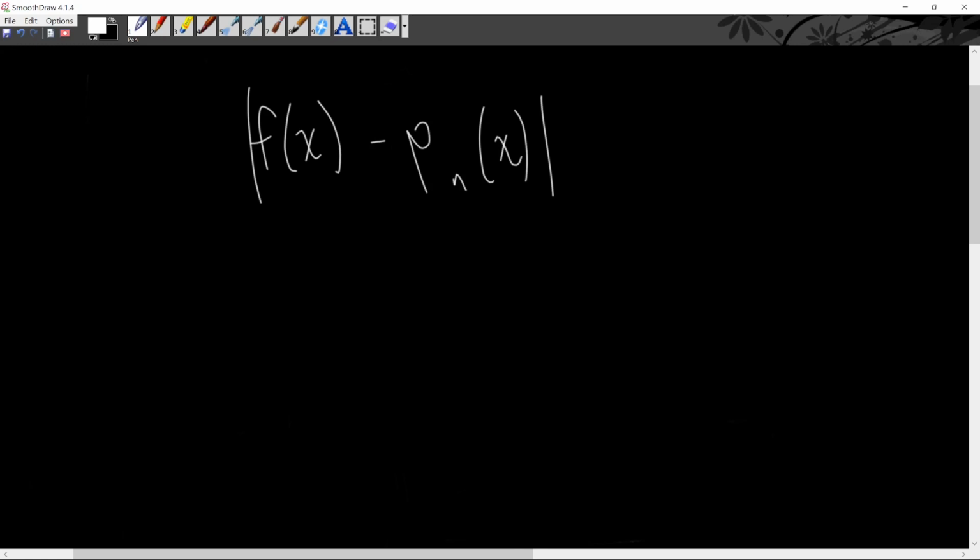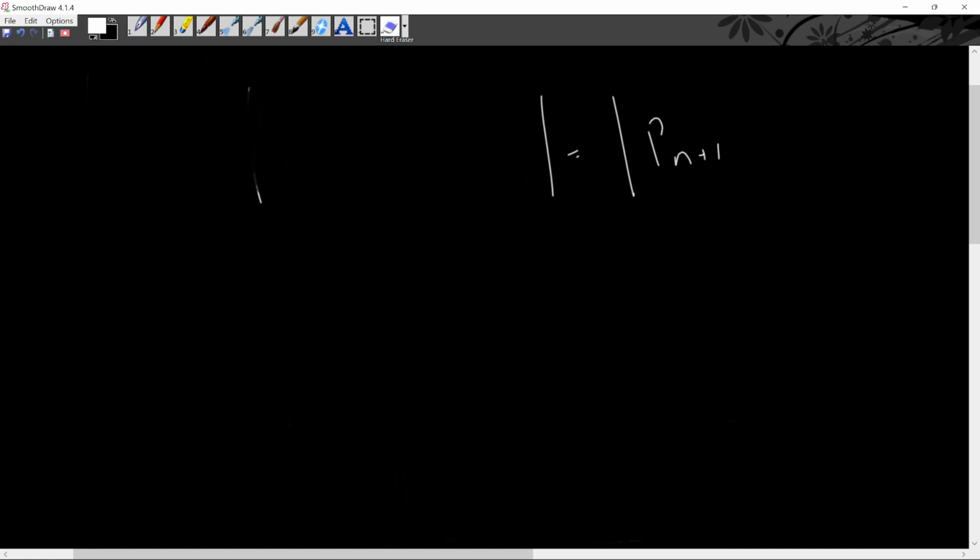If the alternating series itself is expressed as this function f of x minus some polynomial up to n of x, the error is just the absolute value of the n plus 1th term. So, this was in terms of sequences. I've been thinking about functions a little too much now. So we go back to sequences.